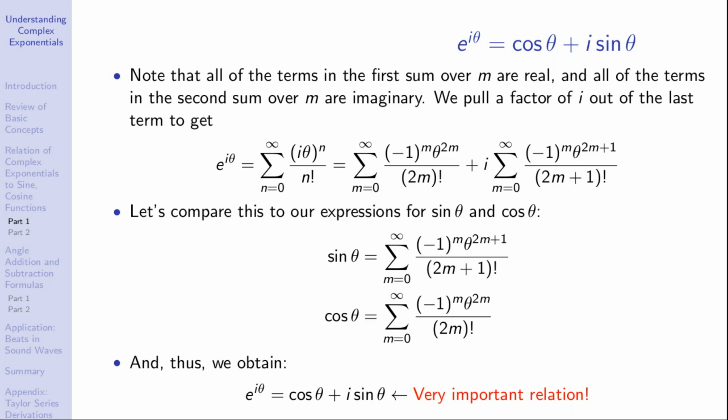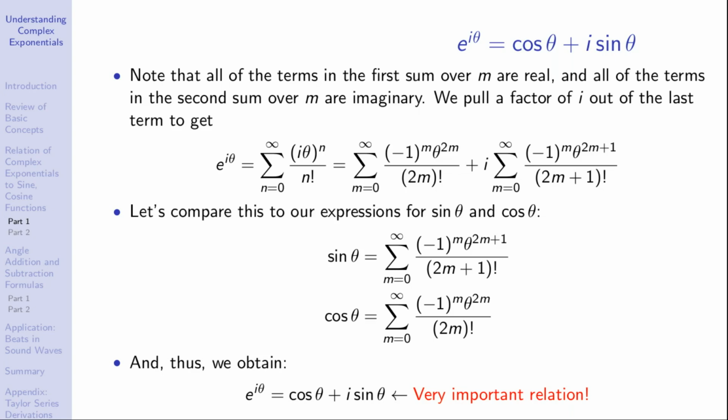So we can pull a factor of i out of the last sum to get that e^(iθ), which equals the sum over n from 0 to infinity of (iθ)^n over n factorial, equals the sum over m from 0 to infinity of (-1)^m θ^(2m) over (2m) factorial, plus i times the sum over m from 0 to infinity of (-1)^m θ^(2m+1) divided by (2m+1) factorial.